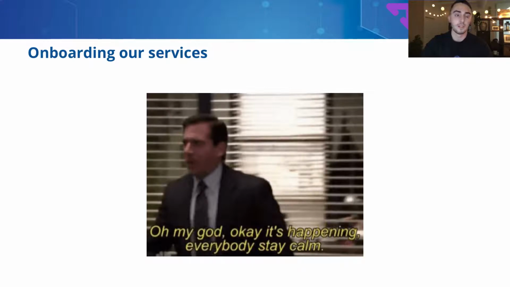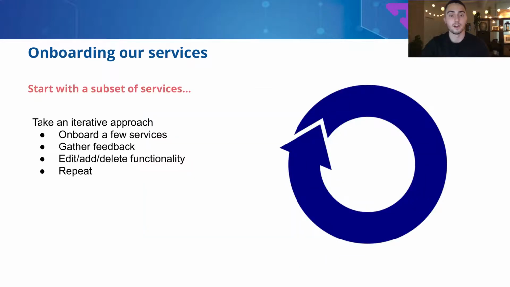So, as every engineer is familiar with, we took the iterative approach. Once we had our pipelines fleshed out enough, we onboarded 2 or 3 lower priority services here at Upside to begin using Spinnaker for deployments. We gathered feedback from the engineers that were in charge of promoting and deploying those services.